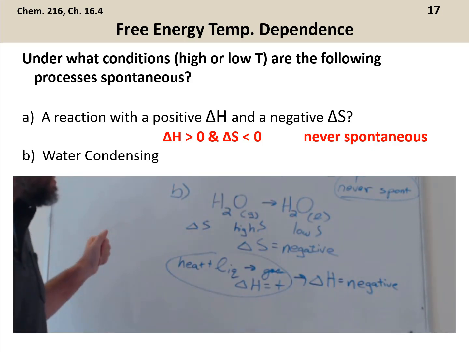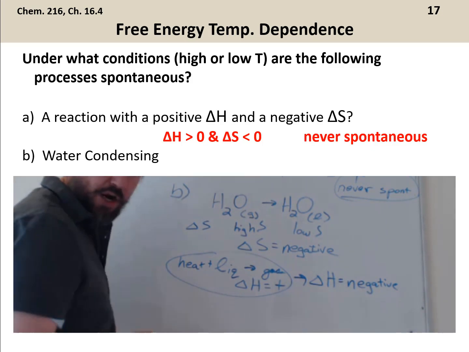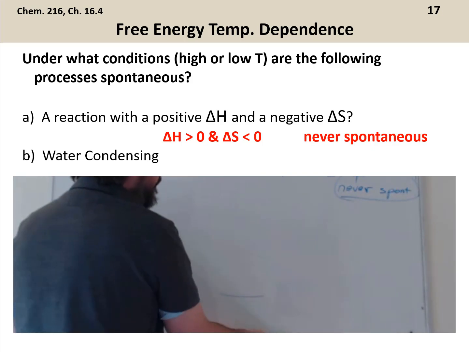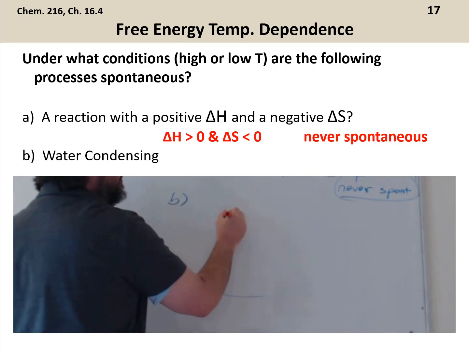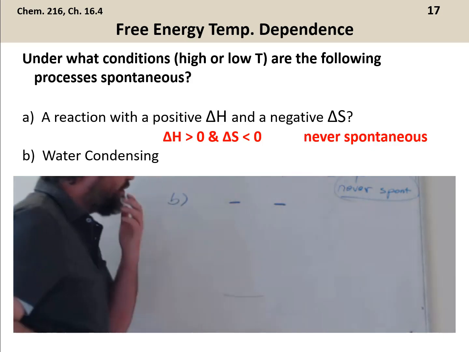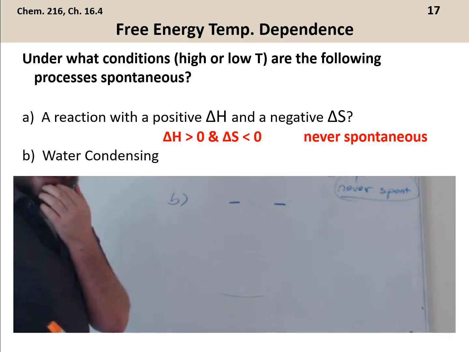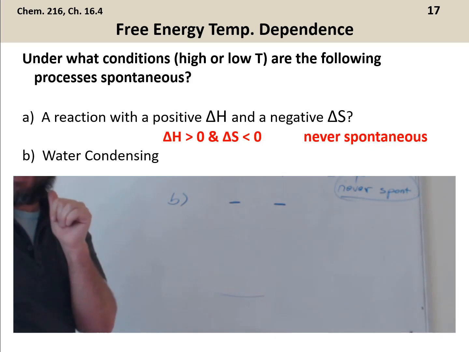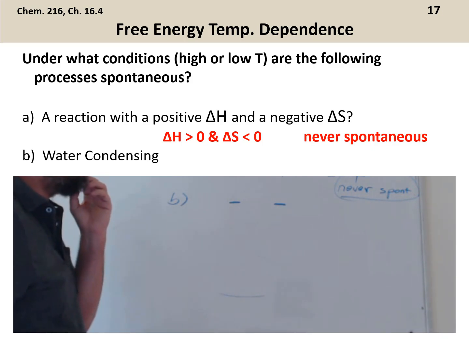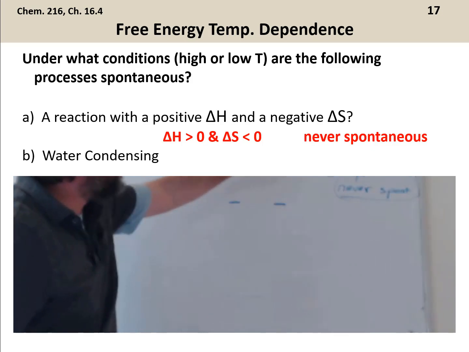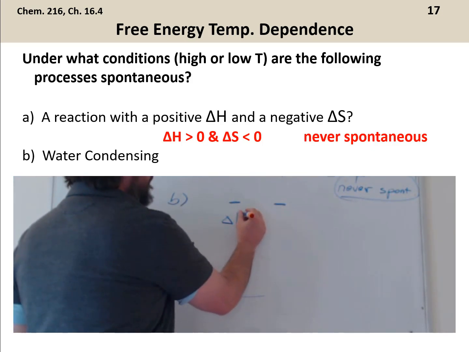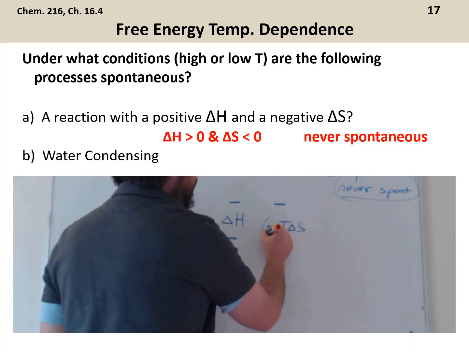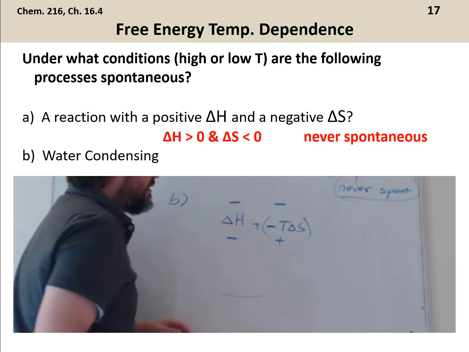So what does that mean? Well, let's go up here and put this right underneath. For B, I said I have negative and negative, for delta H and delta S. So my delta H term is going to be negative, and my negative T delta S term is going to be positive.